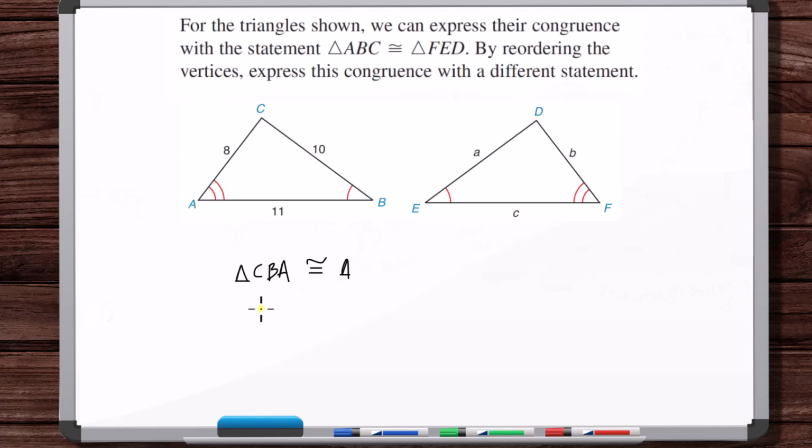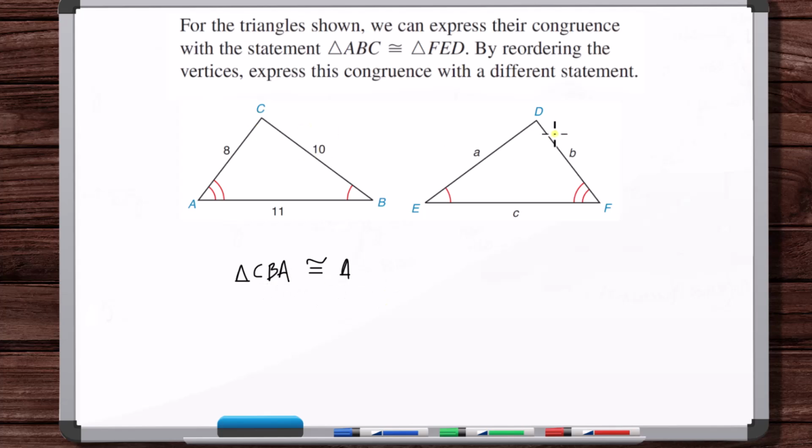That's very important. When we were just naming the triangle, we could arbitrarily name it whatever we want. But now, when we're saying that this triangle is congruent to that triangle, we can't name it arbitrarily, because the first letter is going to correspond to C, the second letter to B, and then A.